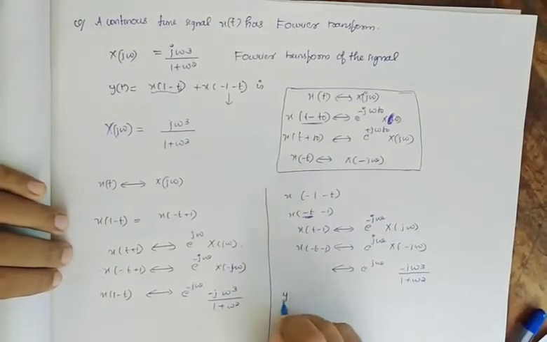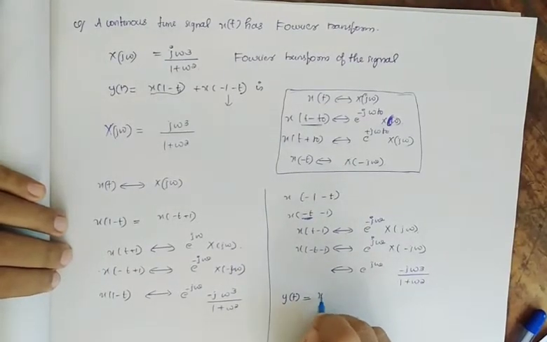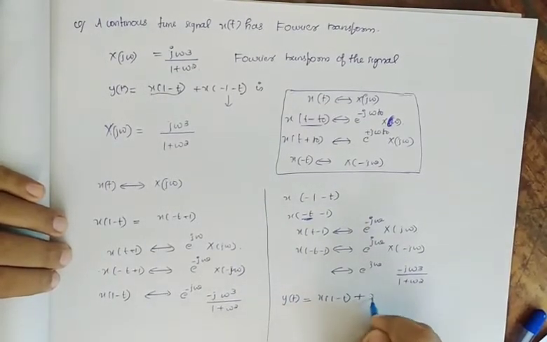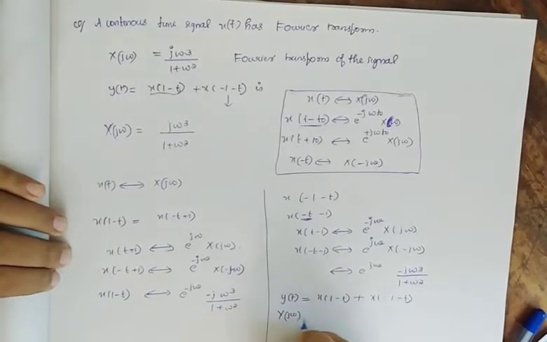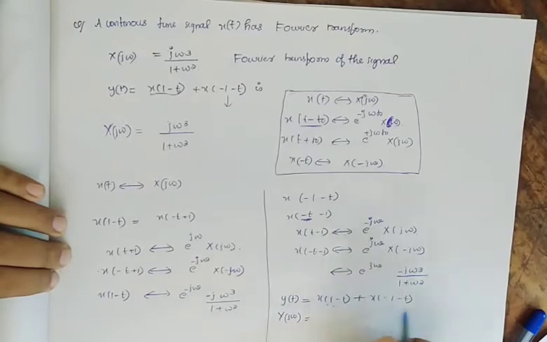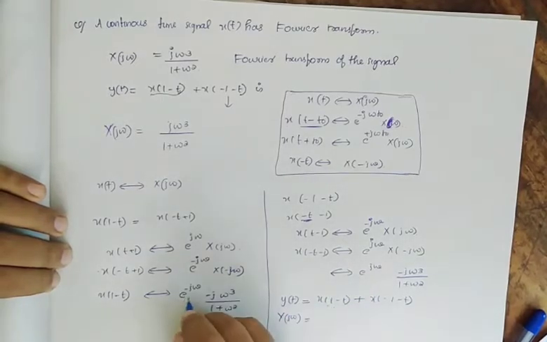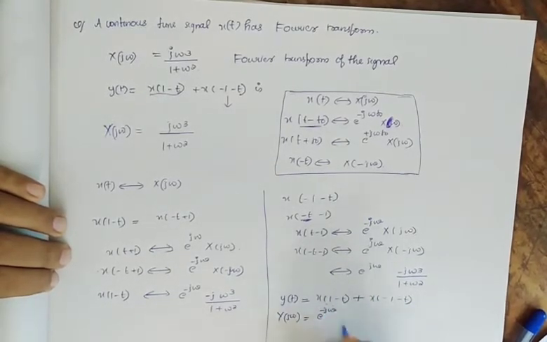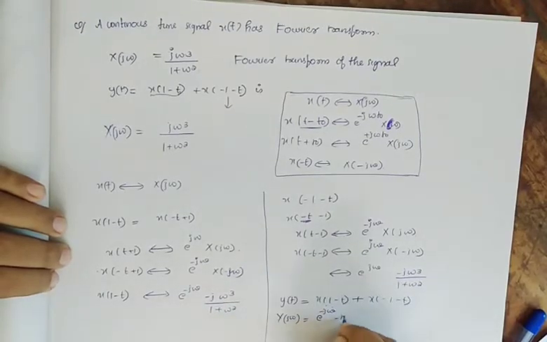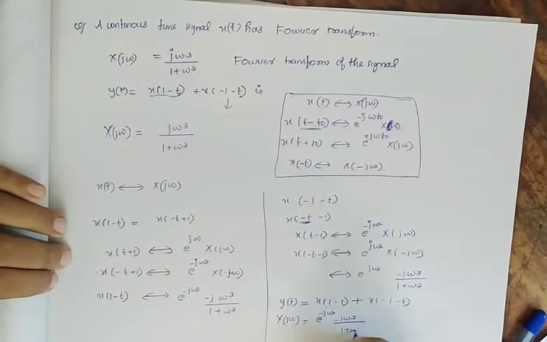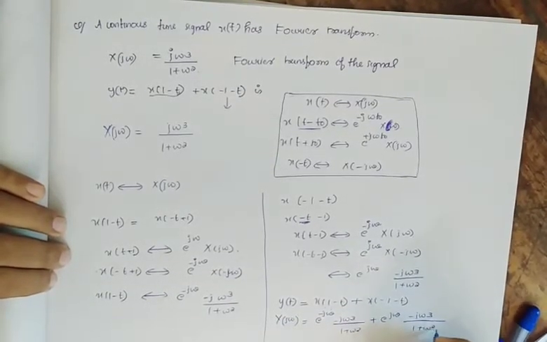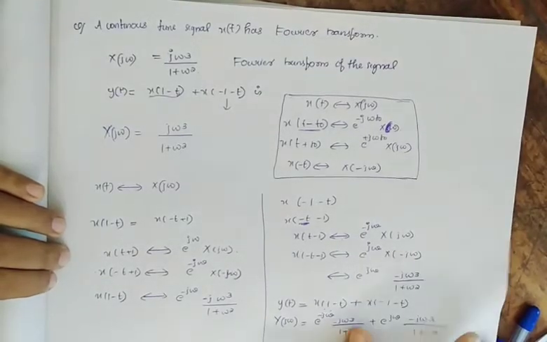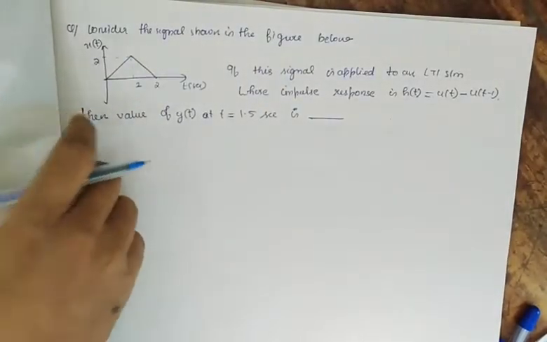So we got y of t equal to, as given in the question, x of 1 minus t plus x of minus 1 minus t, and Y of j omega will be equal to the Fourier transform of these two corresponding signals. That will be e raised to minus j omega times minus j omega cubed divided by 1 plus omega squared, plus e raised to j omega, again times minus j omega cubed divided by 1 plus omega squared. I'll write it over here.